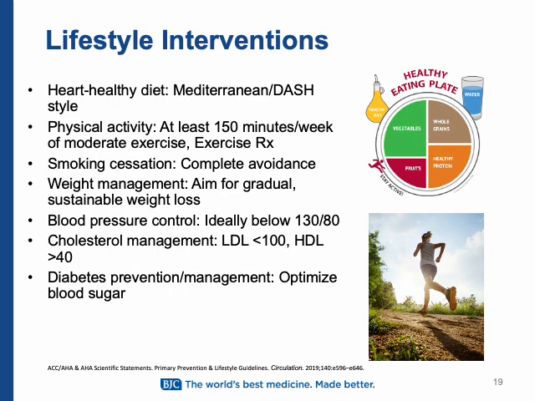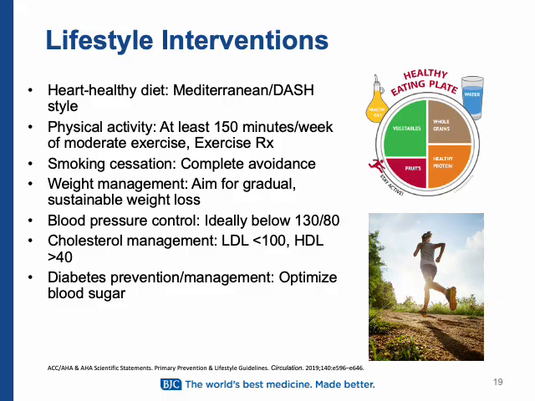I want to end by talking about lifestyle changes because this is really the core part of cardiovascular risk reduction for all patients, regardless of their coronary artery calcium score. So to review those, we want to recommend a heart-healthy diet, such as the Mediterranean or DASH diet, to help improve cholesterol, blood pressure, and reduce inflammation.